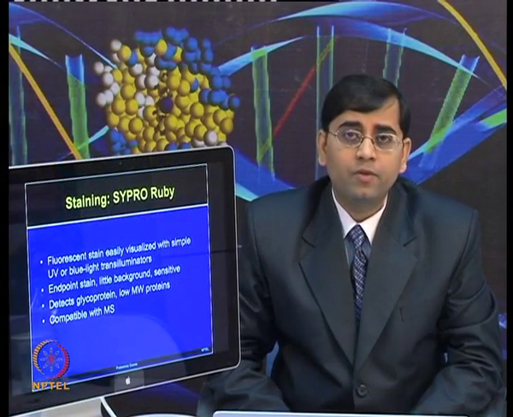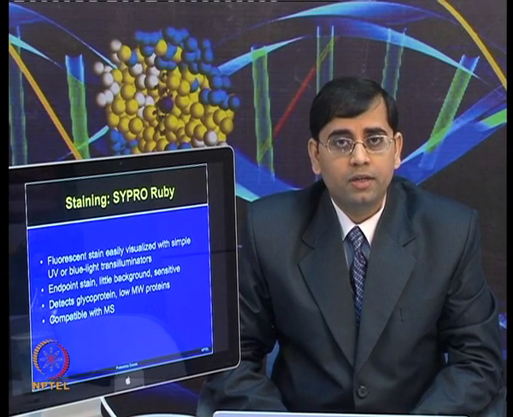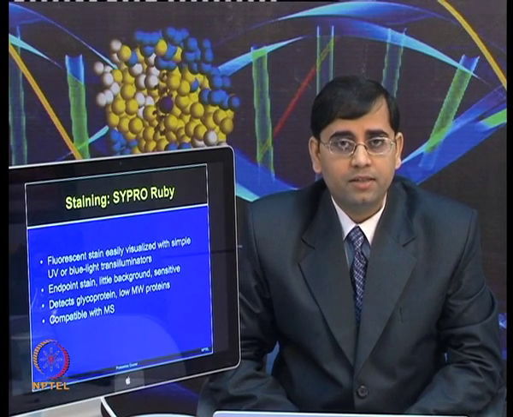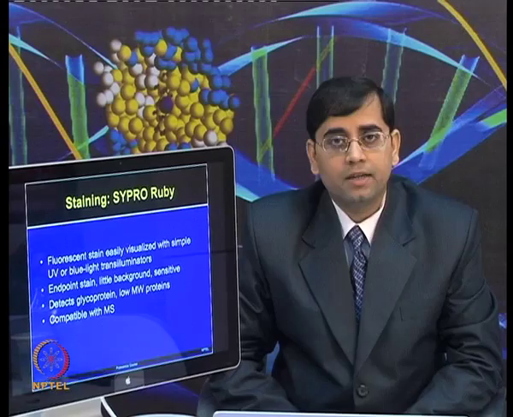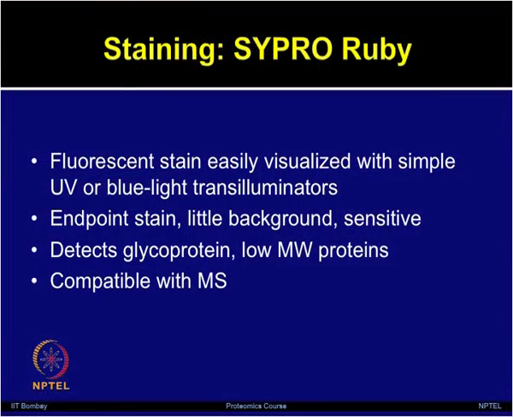This is also a very sensitive stain, and it can be used for studying different types of post translational modification such as glycoproteins. Even low molecular weight proteins, which are low abundance proteins, can also be visualized by using this type of stain.